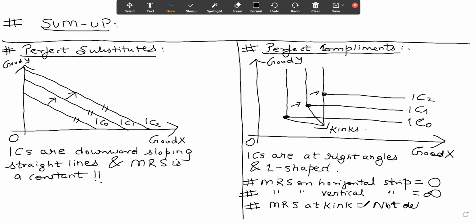The function is not differentiable at the kink. So I hope students have understood the case of perfect substitutes and perfect complements.